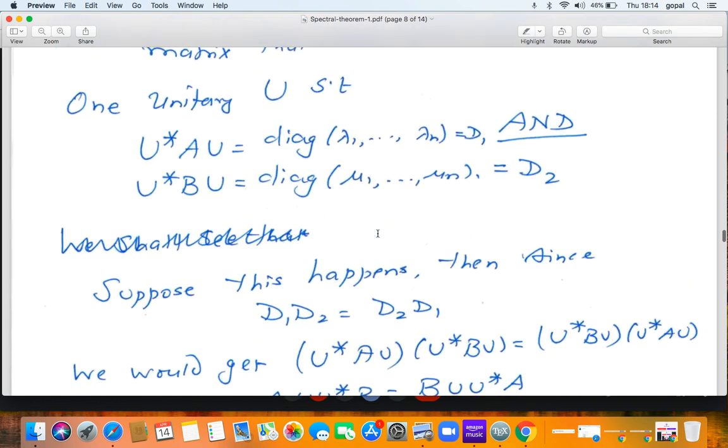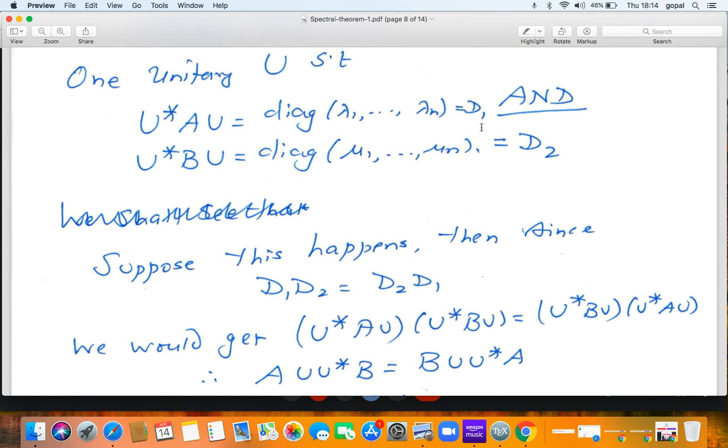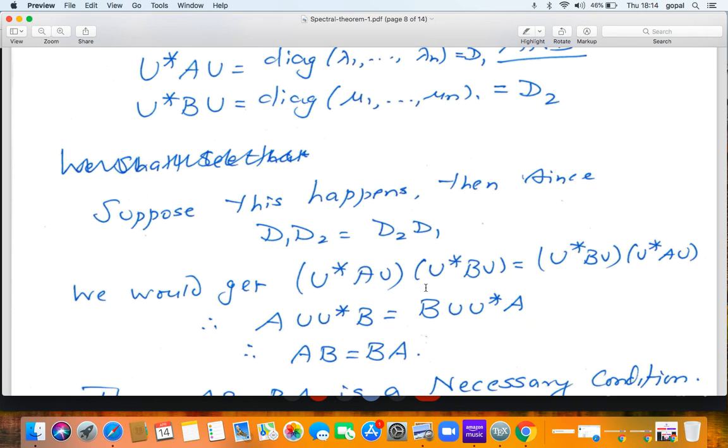Suppose this happens. Let us call the diagonal matrices D1 and D2. Now remember that diagonal matrices commute: D1 D2 will be the same as D2 D1. Always any two diagonal matrices will commute. But D1 is U star AU, and D2 is U star BU. Therefore, U star AU U star BU must equal U star BU U star AU.